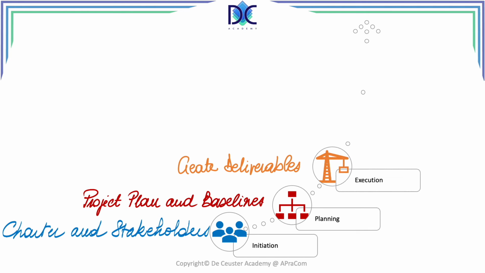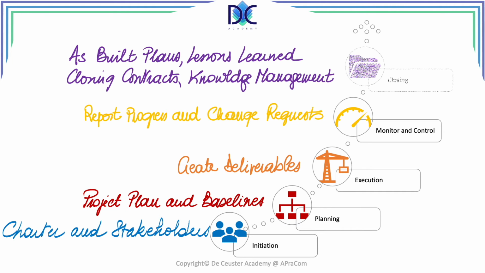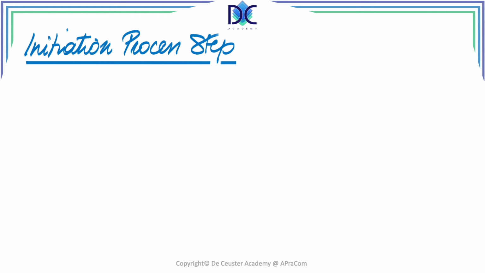In execution, we create the deliverables. When we look at monitor and control, we report progress and we deal with change requests. And at the end, we have the closing where we have as-built plans, lessons learned, closing contracts, knowledge management, and things like that. But let's first have a look at the initiation process step.